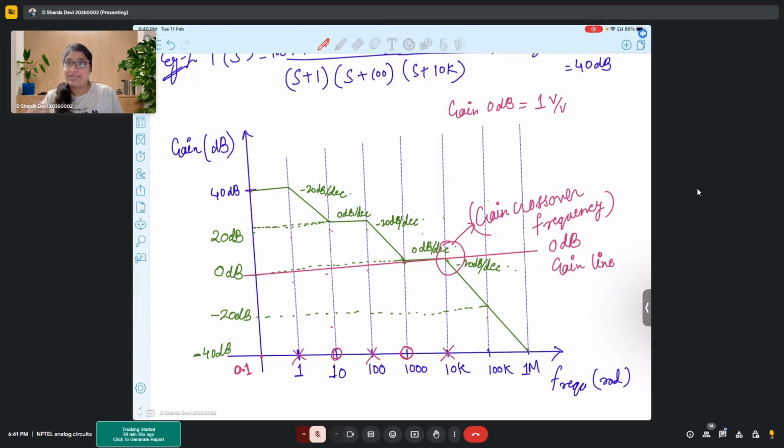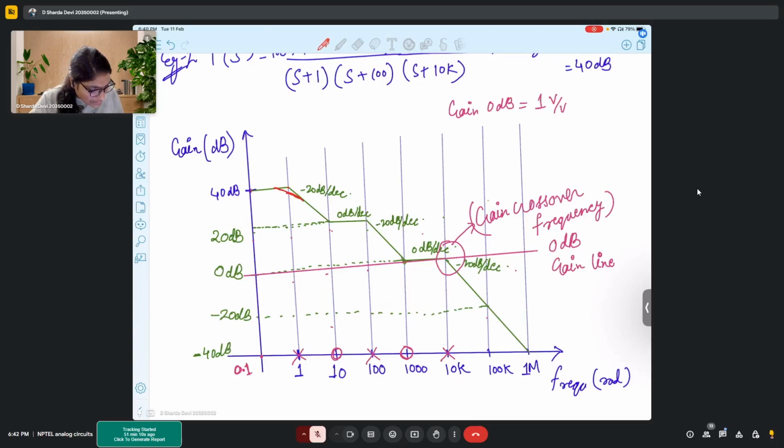So it becomes minus 3 dBs. Let's say you are seeing 40 dBs at 1 radian frequency. But in the actual frequency response, the gain value that you will observe at 1 radian would be 40 minus 3, that is 37 dBs. Which will be somewhat here. And your curve will slowly change.